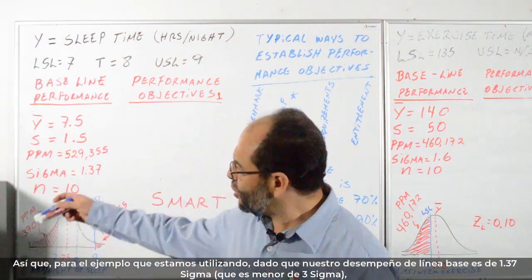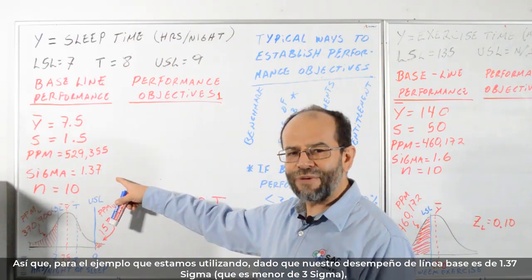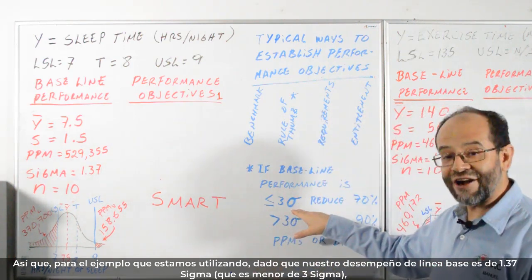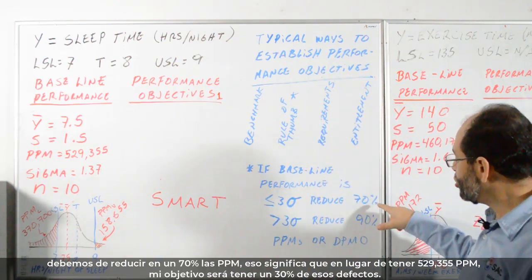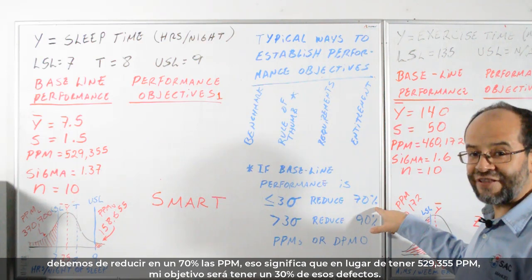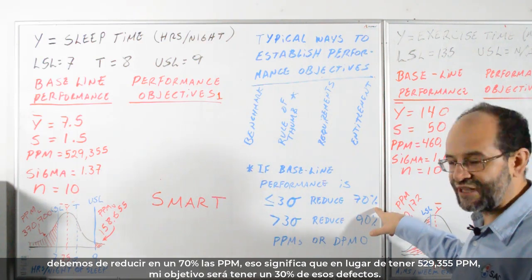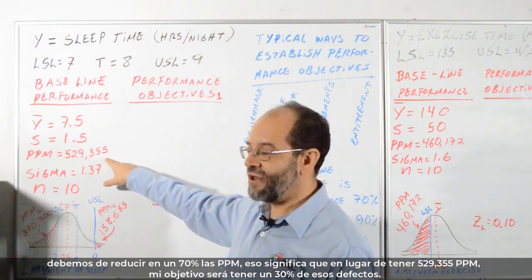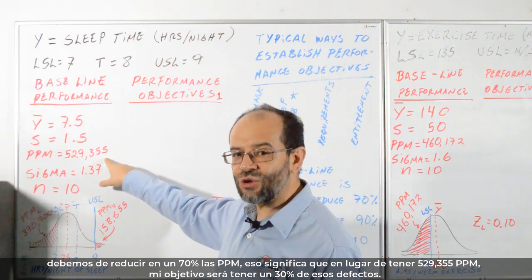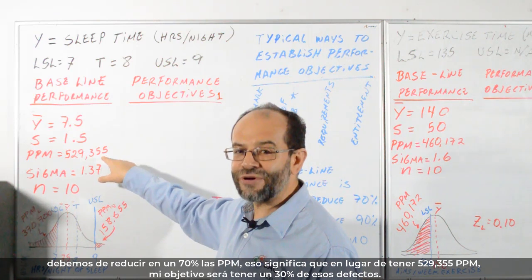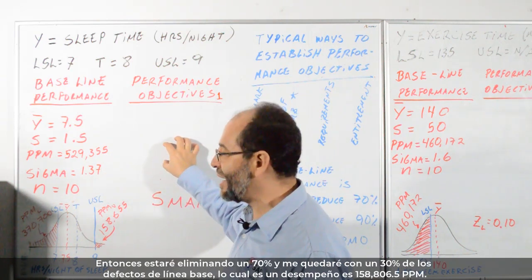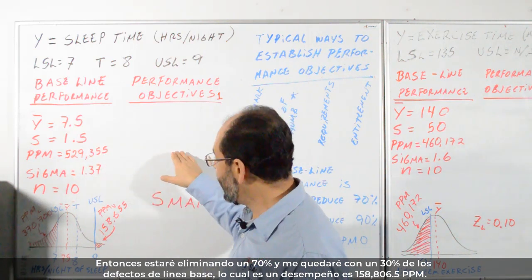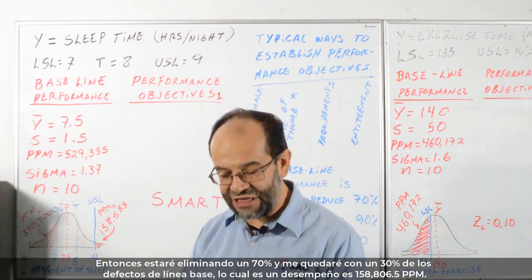So, for our example, because our baseline performance is 1.37 sigma, which is smaller than 3 sigma, we should reduce the PPMs by 70%. That means that instead of having 529,000, I'm going to have 30% of those defects as my objective. Again, I will be removing 70%, and I'm going to get 30% of this baseline.